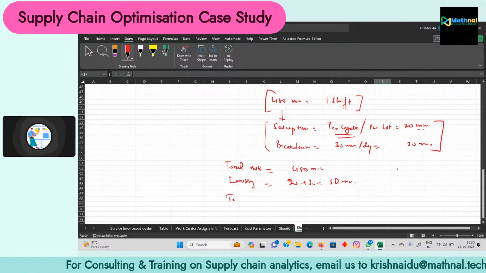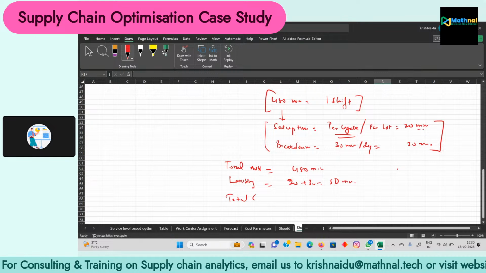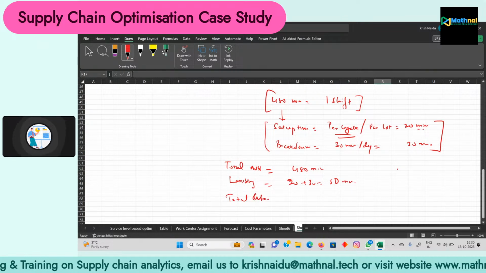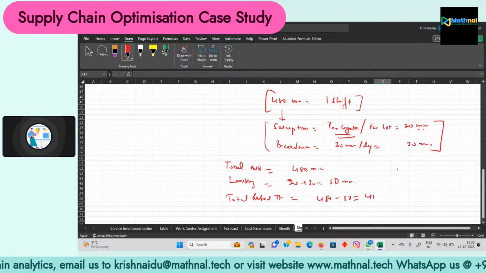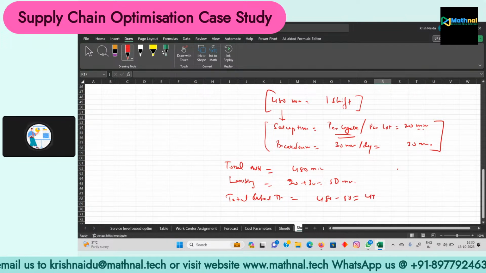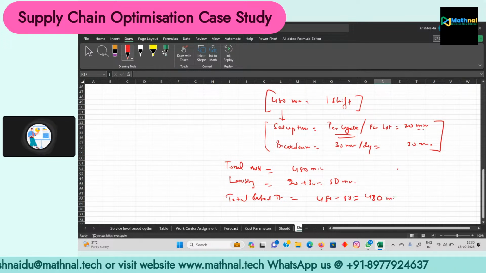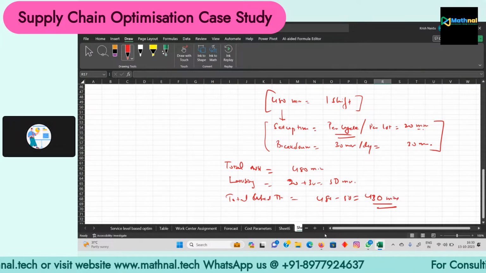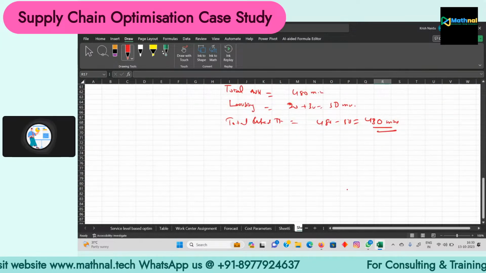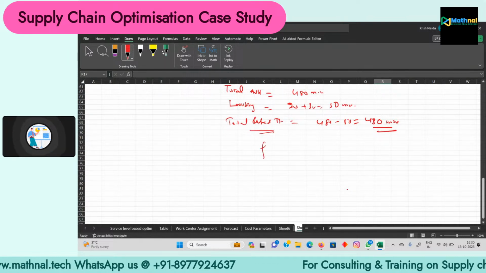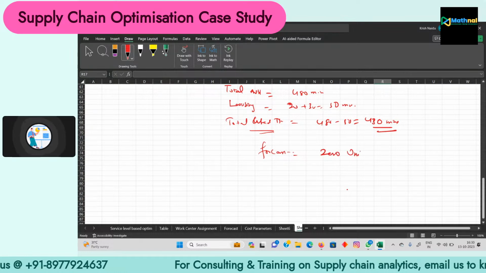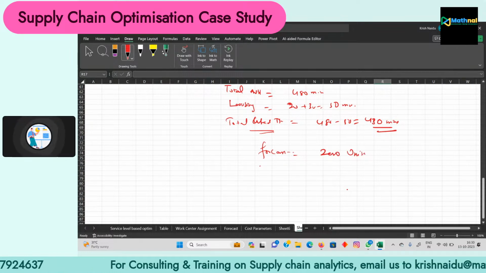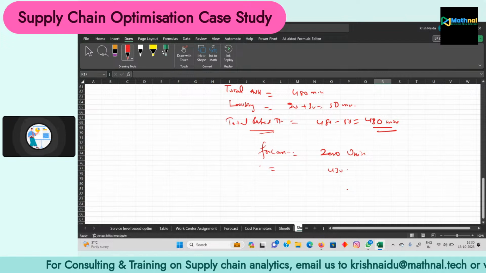So the total consumed time, or total use time, is 480 minus 50. That is 430 minutes. So 430 minutes is what we are going to use. Now suppose the forecast is 2000 units, and my available time for production is 430 minutes.